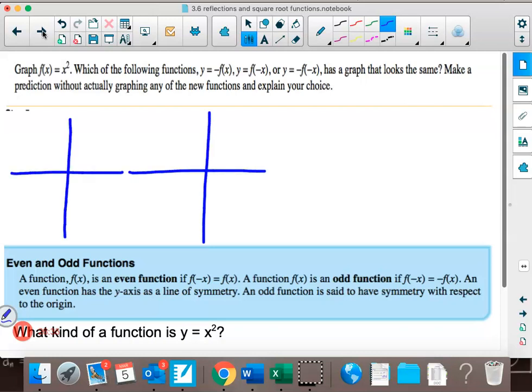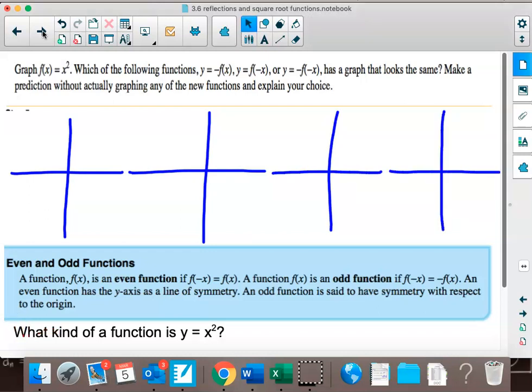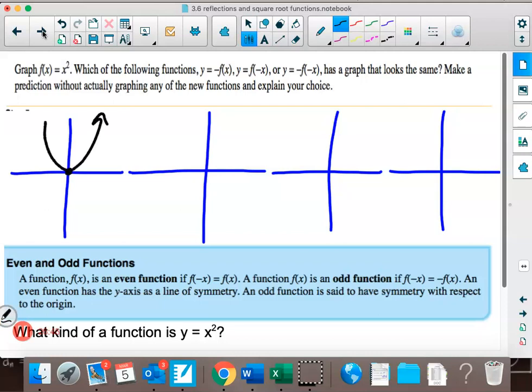But we're going to start by just graphing. I'm going to sketch 4 simple graphs here. They're not going to be beautiful. They're just rough graphs. What equation do you think this is? Y equals x squared, right? And it is. Y equals x squared. All right, now I'm going to do another.